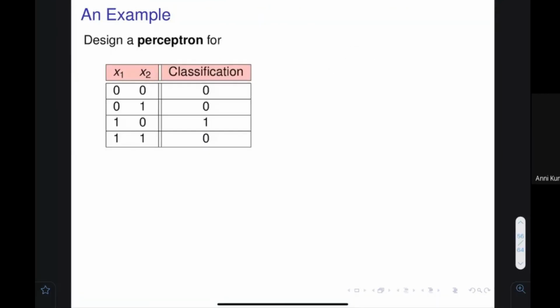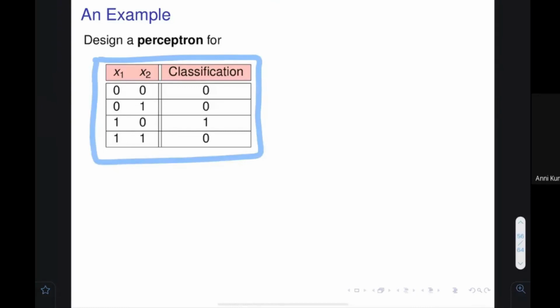So now I want to give you a new problem, and I think you can help me find the solution. My question, again the same question: design a perceptron for this table. Okay, how can you do that? Again, be with me.